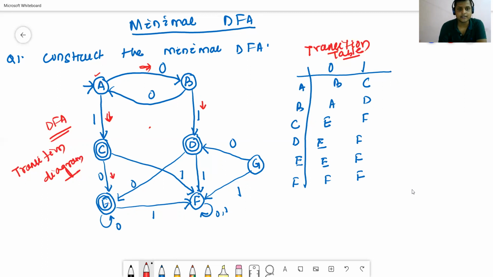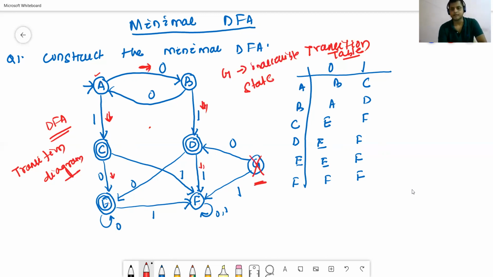We can reach E, D and F from the initial state using these paths, but we cannot reach G, so G is an inaccessible state. So we have to remove inaccessible states like G.